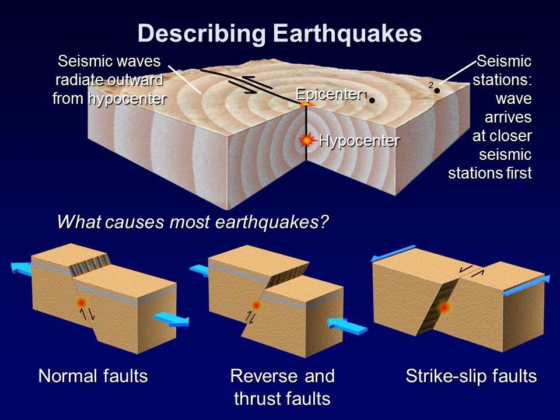So when we have tension applied at a fault, we get what's called a normal fault. When we have compression, that center image, it's a reverse or a thrust fault. When we squeeze them together, that's compression. And when they move side by side, when we have that shear stress, that's called a strike-slip fault.